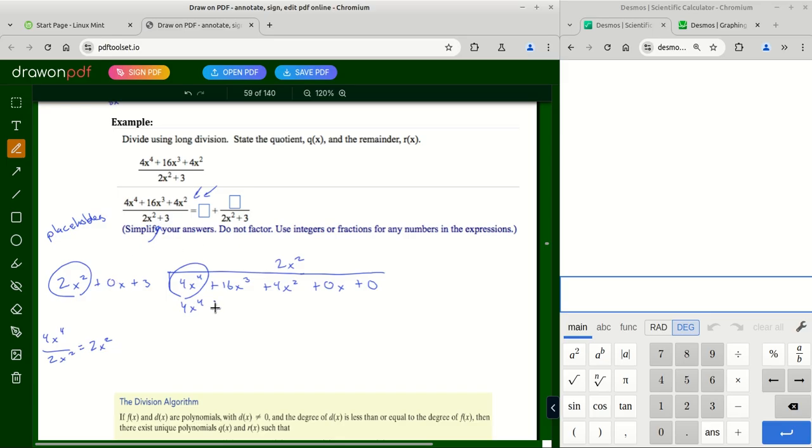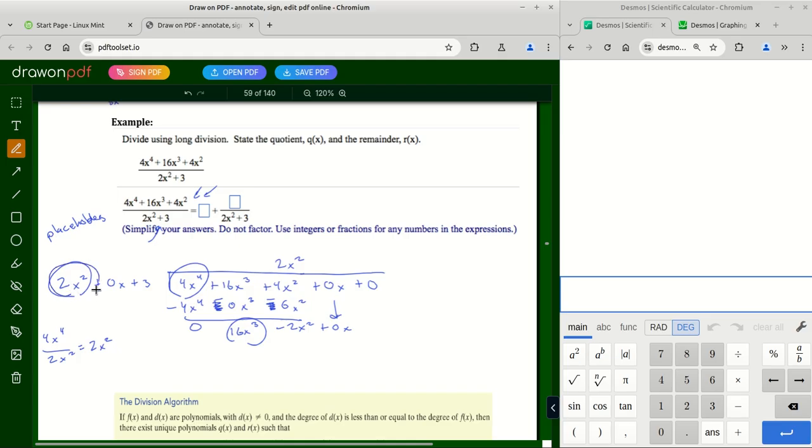Anything times 0 is 0, x cubed technically. And then 2 times 3 is 6x squared. Switch all your signs. Zero it out. Here we got a 16x cubed, and here we get a negative 2x squared. Bring down the 0. And I know it's silly to bring down a 0, but bring down a 0.